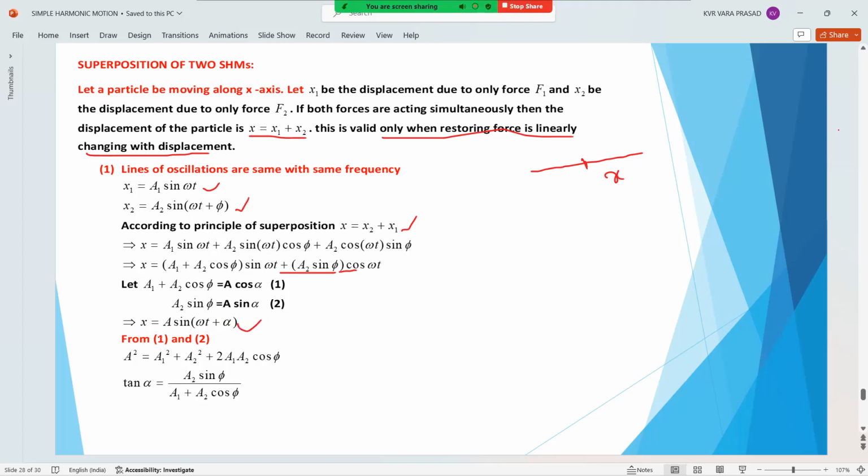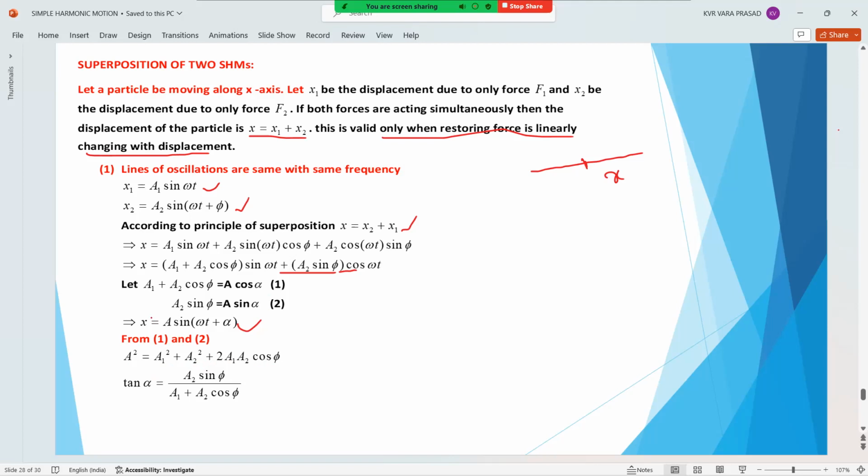Okay. And coming to here, A stands for the resultant amplitude. From equations 1 and 2, we can take the sum of the squares. Then we get A square equal to A1 square plus A2 square plus 2 A1 A2 cos phi.